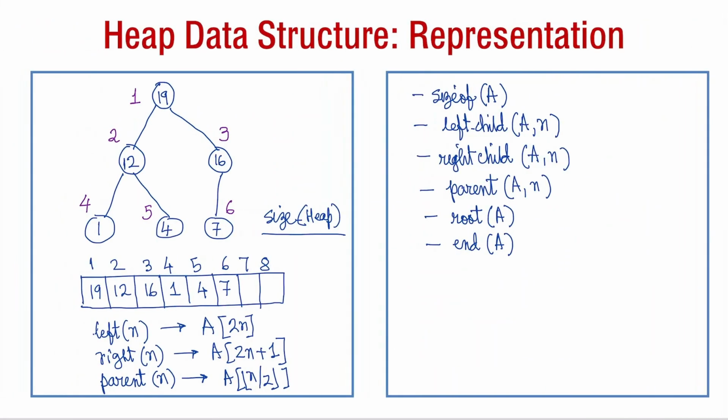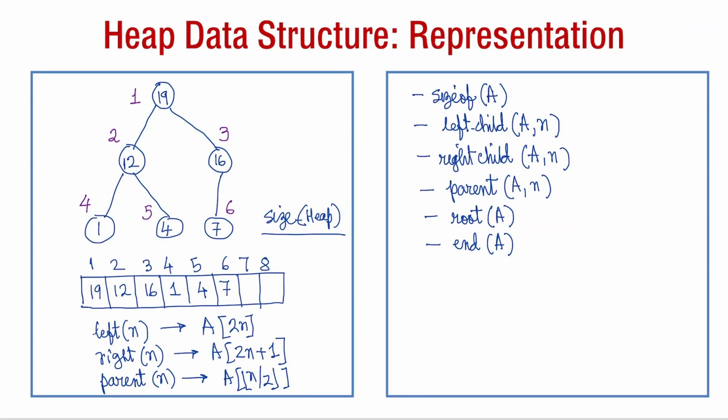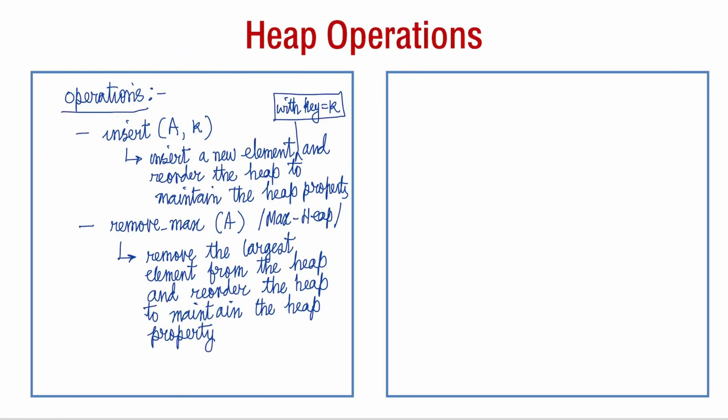As we have seen earlier, the max element of a max heap is always at the root. So the objective is to remove this element and then reorder the heap so that the heap property is maintained and it continues to remain a complete binary tree. The third important operation in a heap is build heap.